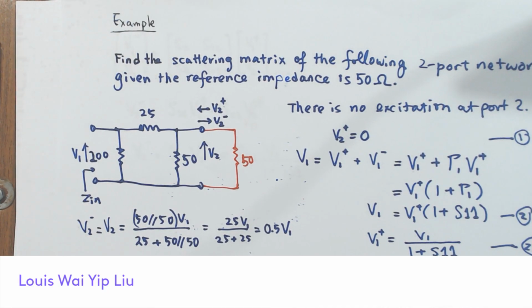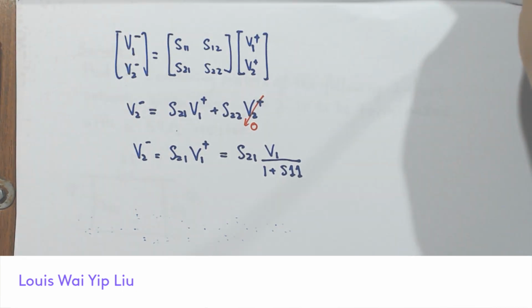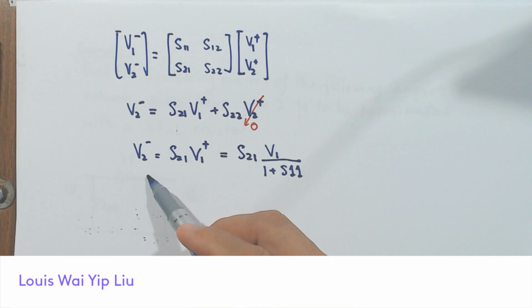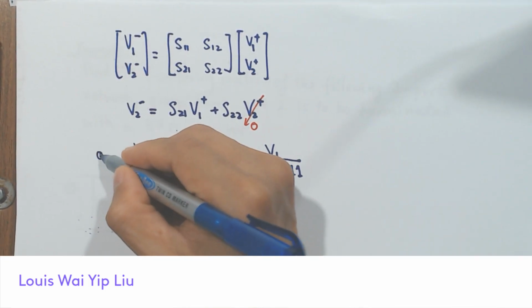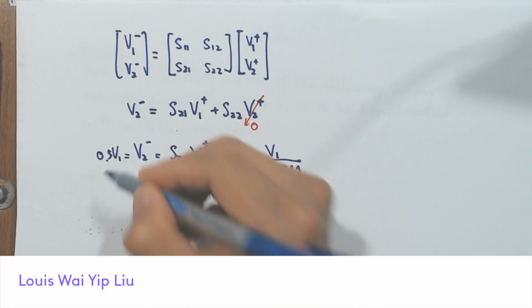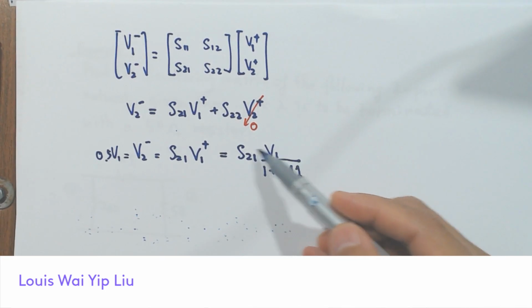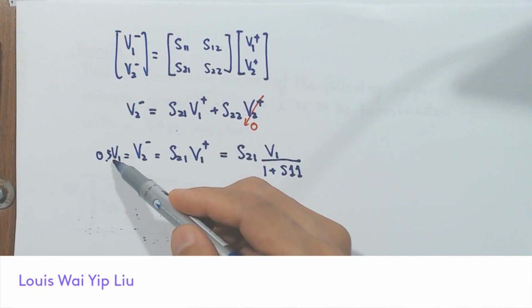So with this in mind, we can say the left side of this equation is 0.5 V1. So with this in mind, we can cancel out V1 at the left side and the V1 at the right side.